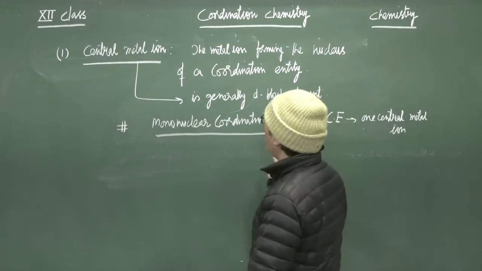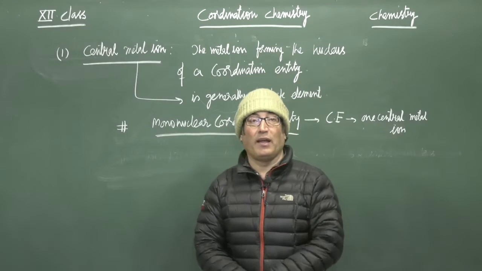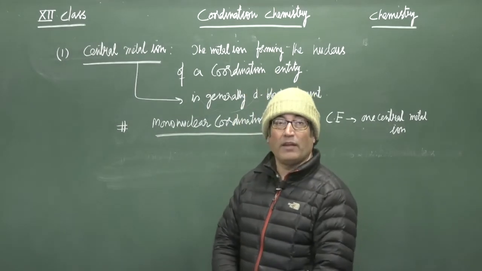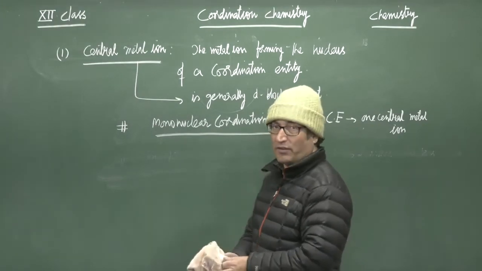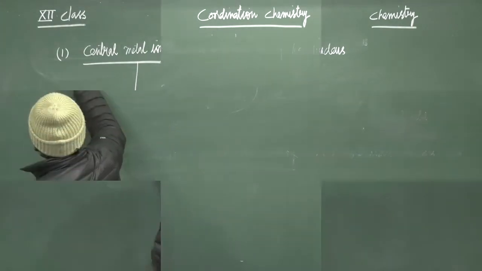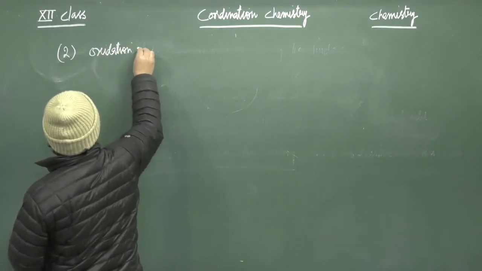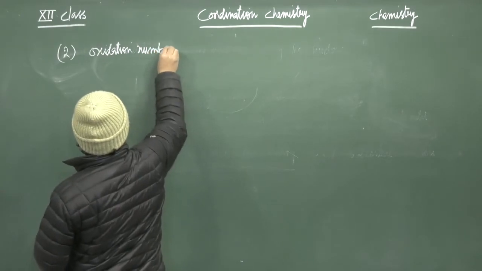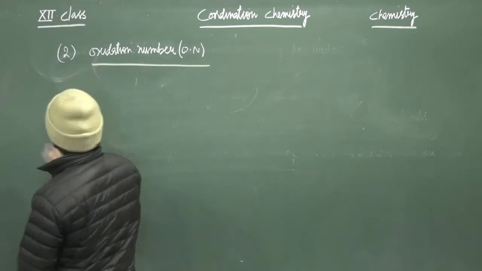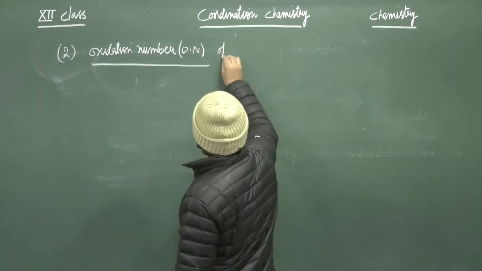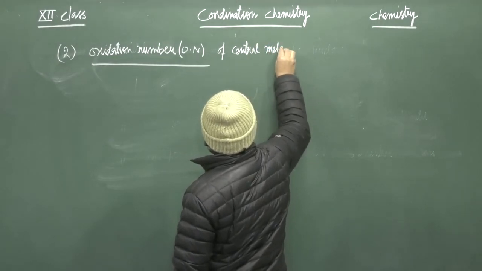In the mononuclear coordination entity, this central metal ion, I told you in the beginning, has two characteristics. One is its oxidation number, another is its coordination number. So our next term will be oxidation number of central metal ion.